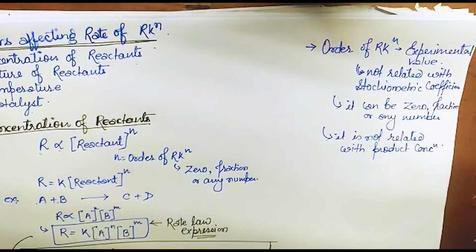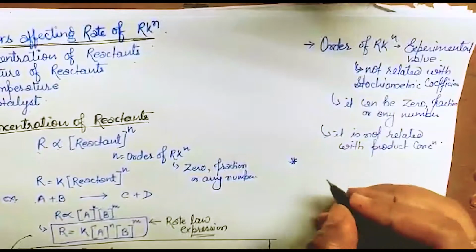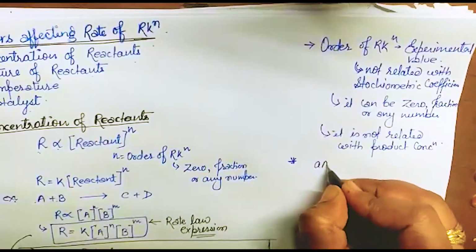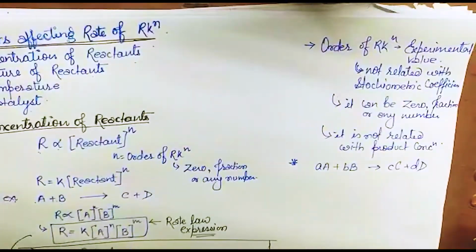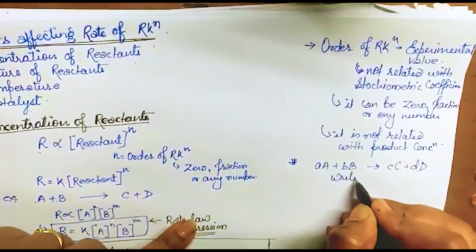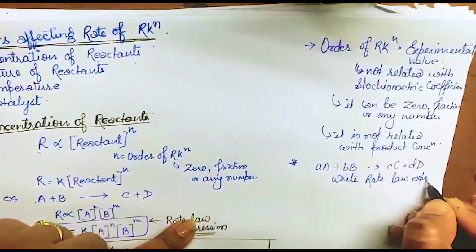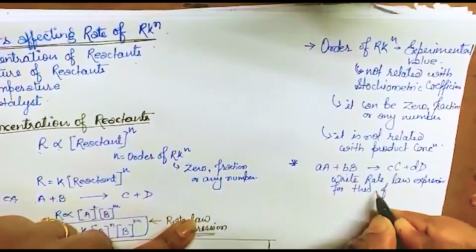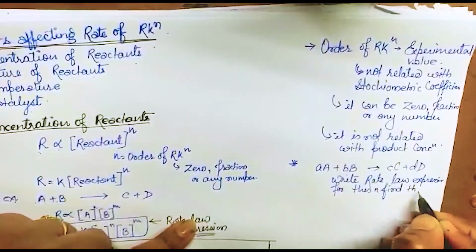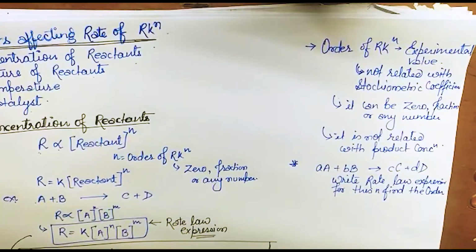See, let me explain it with an example. Suppose I'm giving you the example aA plus bB gives cC plus dD, and then I said write the rate law expression for this and find the order. So see, in this question, the rate law expression is not given.